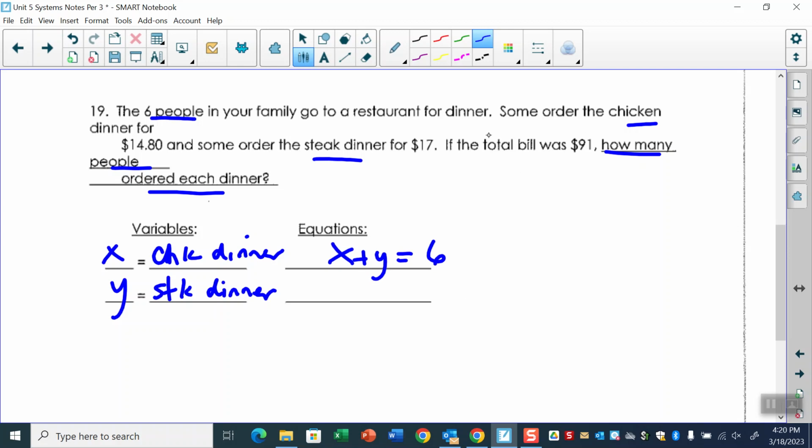And then now each dinner, let's see, chicken is $14.80. So $14.80 for chicken plus, and then steak is $17.